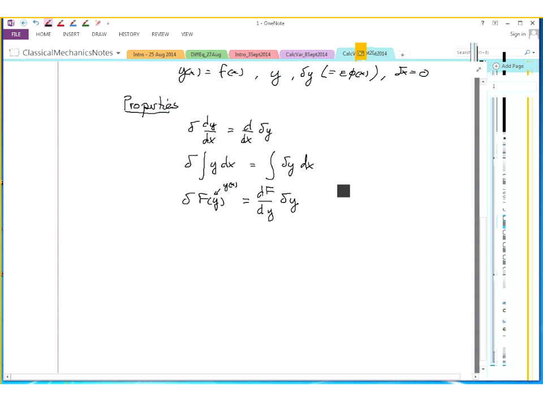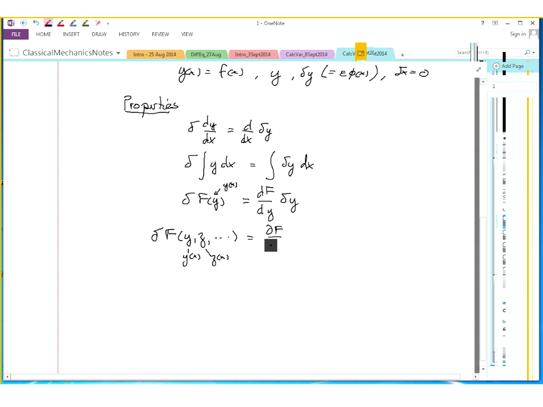And if f is a function of multiple functions, delta f of, let's say, y, z, etc., where this is y of x, this is z of x, then it's the same idea, it's just with partial derivatives.